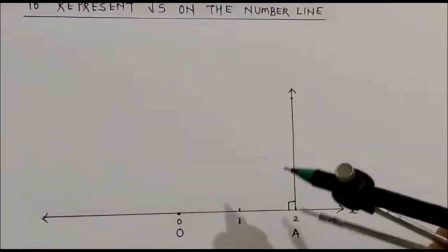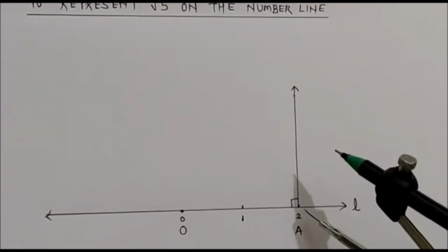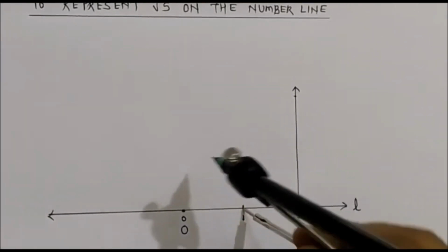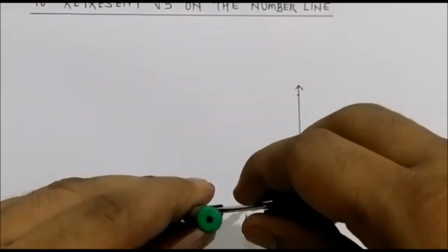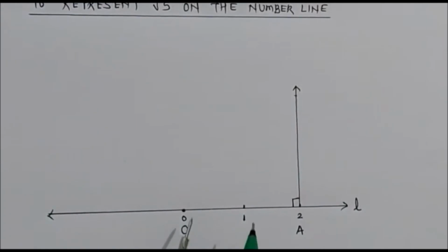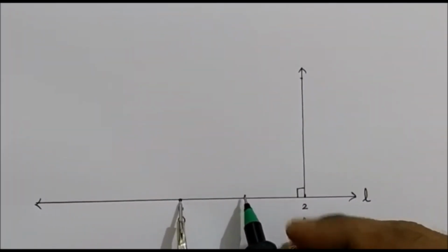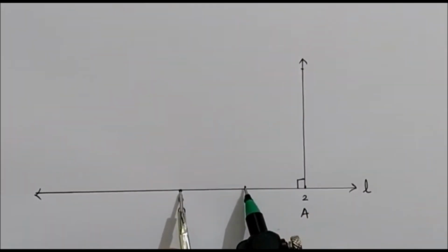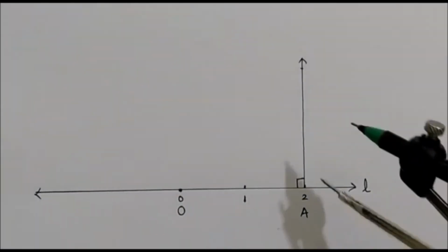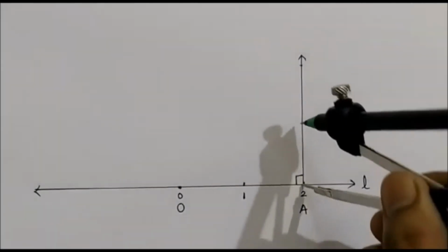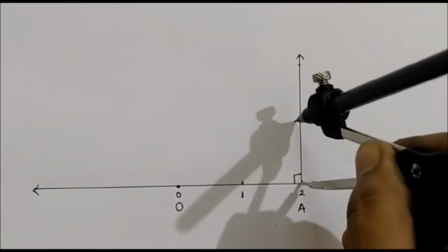After this we are going to take 1 unit distance. You can see from 0 to 1, that unit distance is taken. I repeat, we have taken only the 1 unit distance, and from this point A we cut an arc.